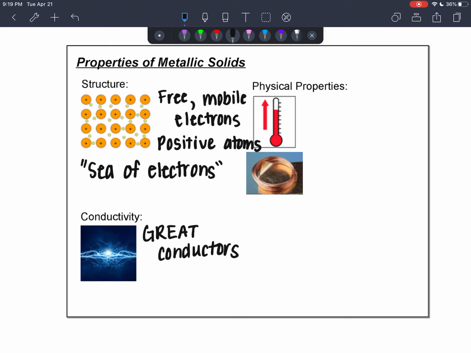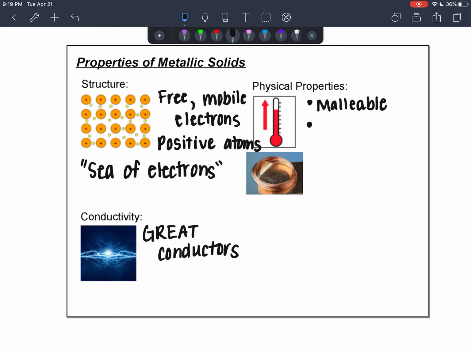Now for my physical properties, because I have the sea of electrons that can move around, this is going to make my metal very malleable, very bendable. My atoms are not stuck in place. There's a lot of movement going on because those electrons are free to move.